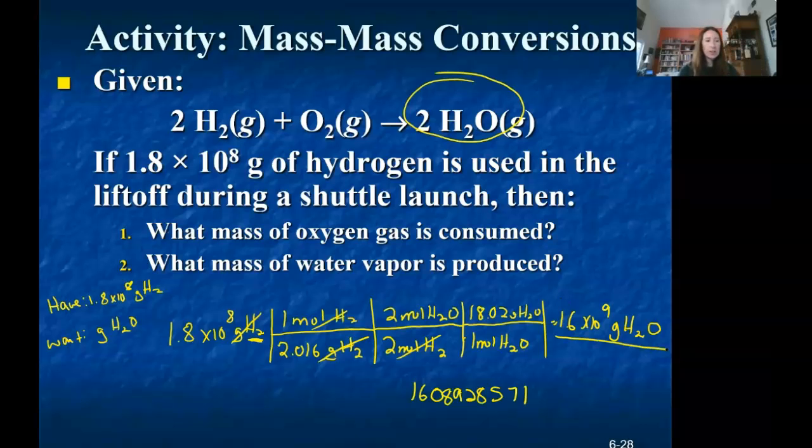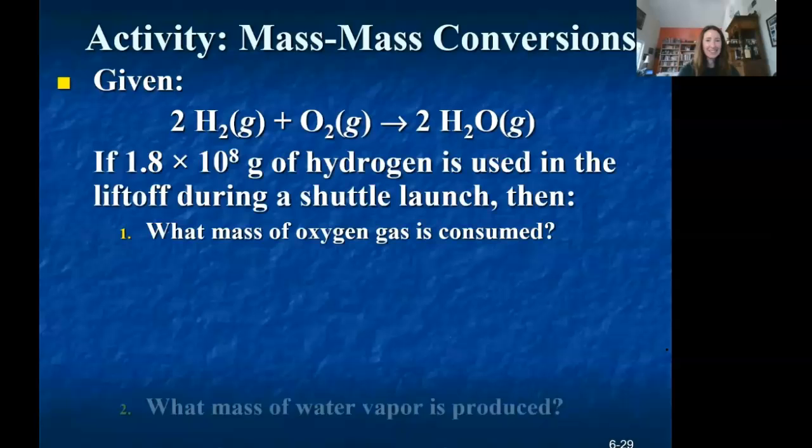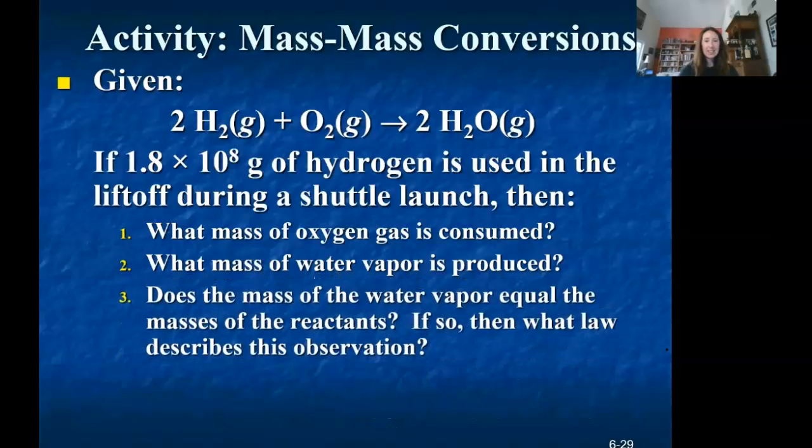Okay, so now let's look at our third and last question of the day. No more math that you have to do. The last question was, does the mass of the water vapor equal the mass of the reactants? Our reactants are H2 and O2. For our H2, we have 1.8 times 10 to the 8th grams.